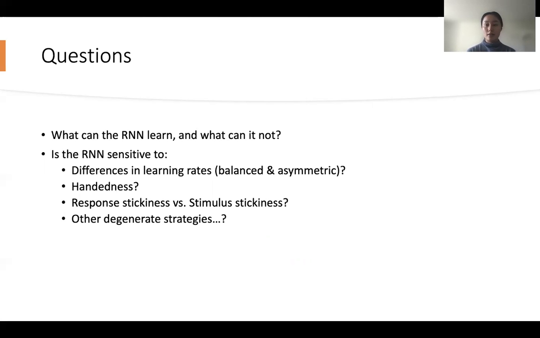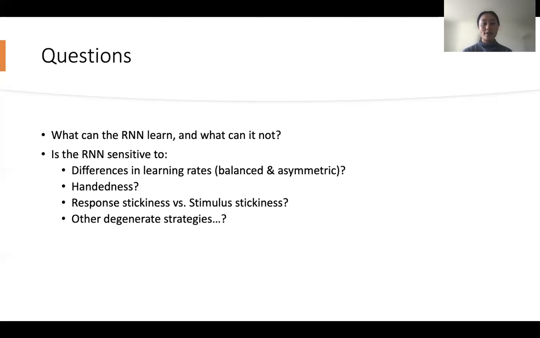And this is not only the difference between individuals, but also the difference between gain block versus loss block, right? Because you can imagine a person can quickly learn rewards, but not so much in losses. So can the RNN tell apart these two?